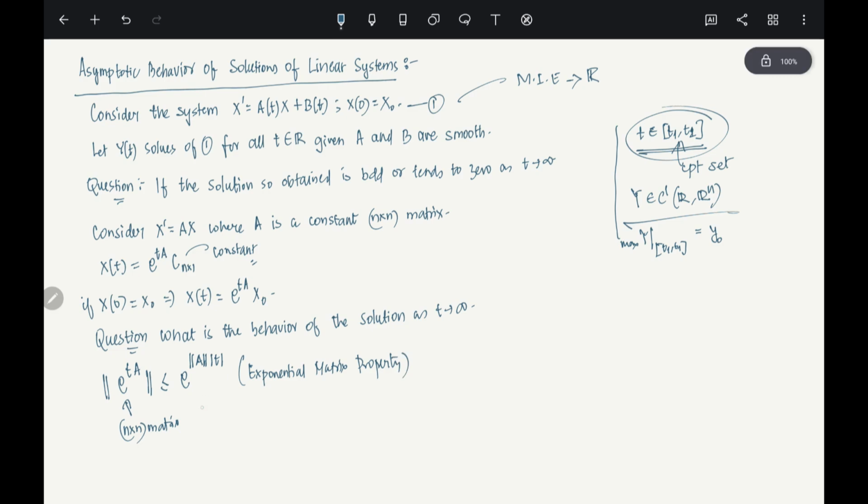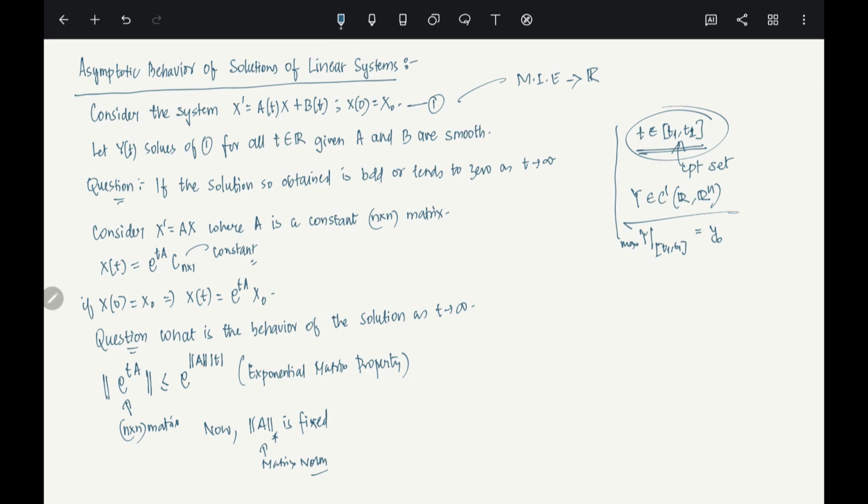Now given A is constant, norm A is fixed. You remember what norm A is: this is the matrix norm or operator norm, whatever you want to call it, it doesn't matter. You can take the L2 norm also, it does not really matter. What I am trying to say is it's always bounded above.